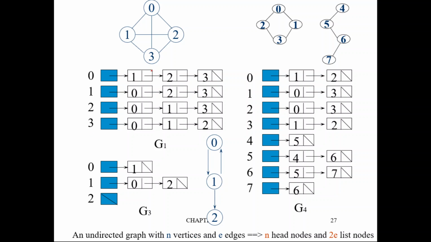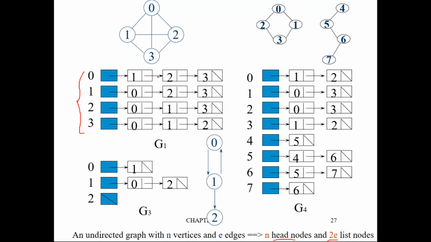An undirected graph with n vertices and e edges will have n head nodes and 2e list nodes. The n head nodes are called head nodes; you can call them head pointers, as in a linked list. So n head nodes, and how many list nodes will there be? 2 into e, where e is the number of edges.